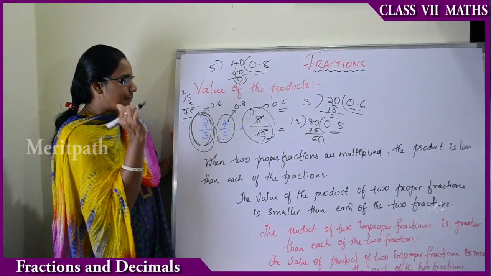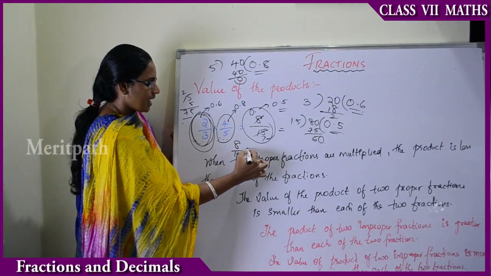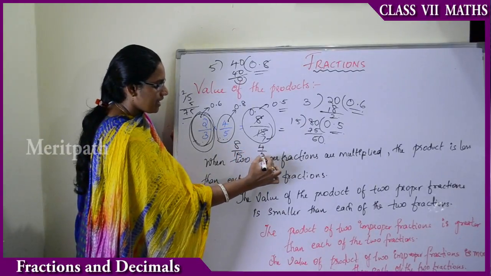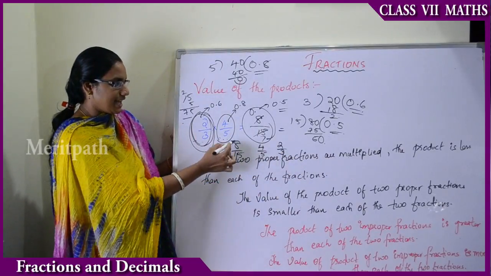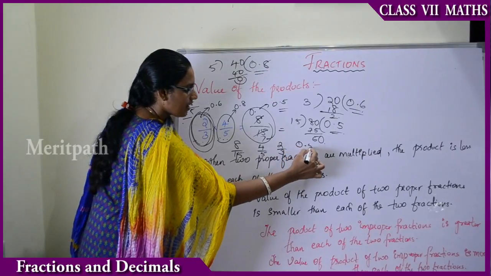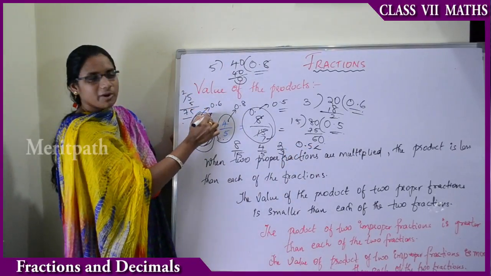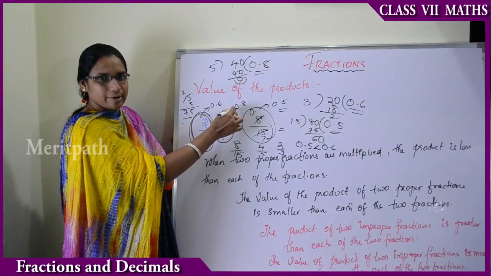Now here you can compare the values of 8 by 15, 4 by 5, and 2 by 3. That is, 8 by 15 is 0.5. That means 0.5 is less than 0.6, and it is also less than 0.8.